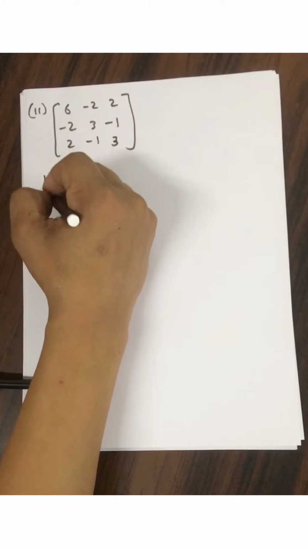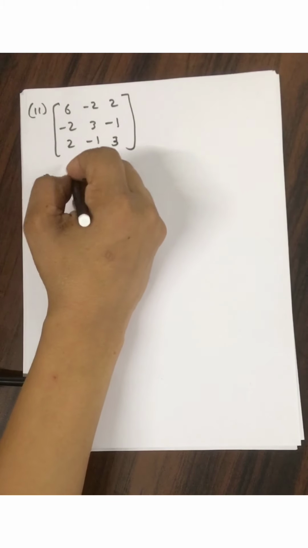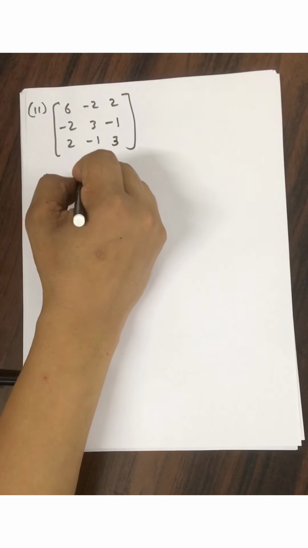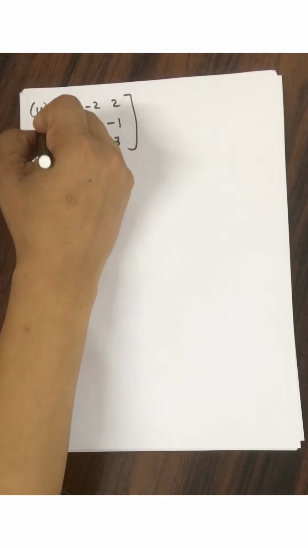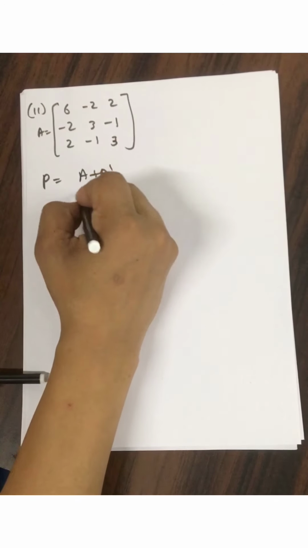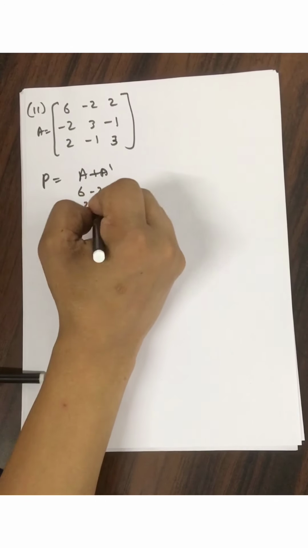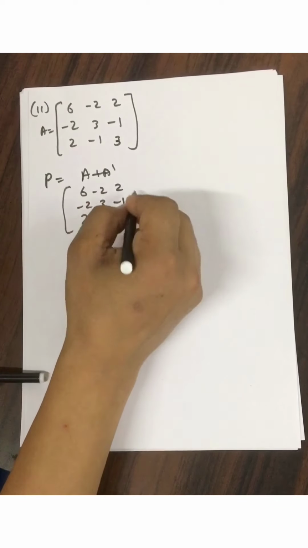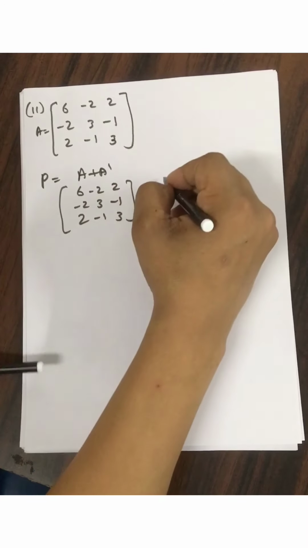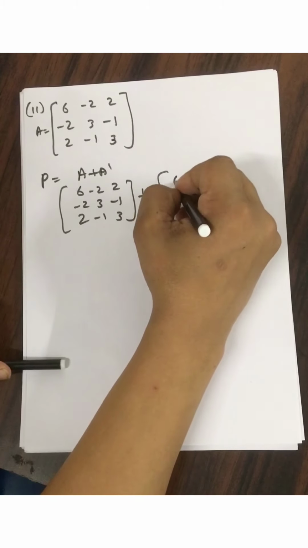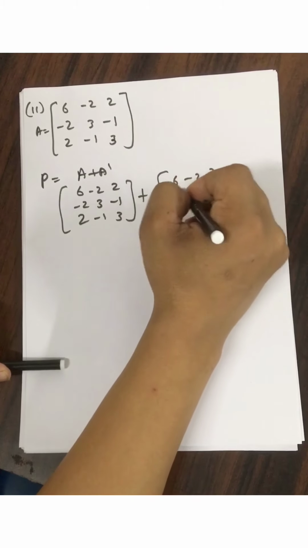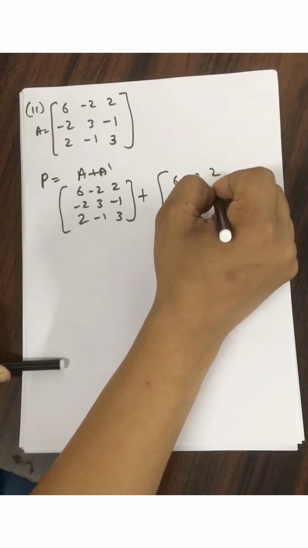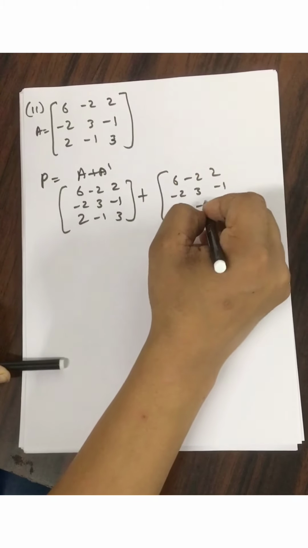Or suppose P equals A plus A dash. This is A, and A dash will be 6, minus 2, 2, minus 2, 3, minus 1, 2, minus 1, 3.